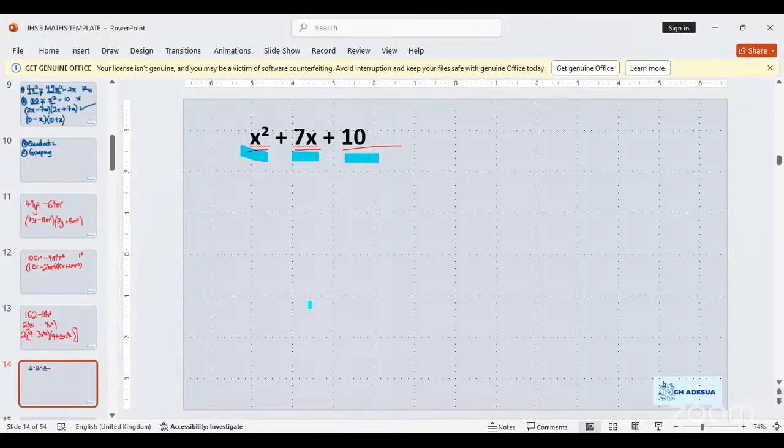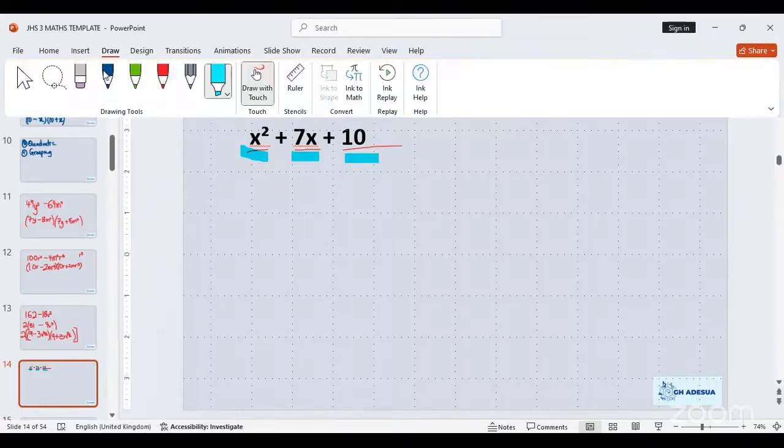So what we would use is 5 and 2, like Enoch said. 5 plus 2 is 7, and 5 times 2 is 10, so it has satisfied the condition.